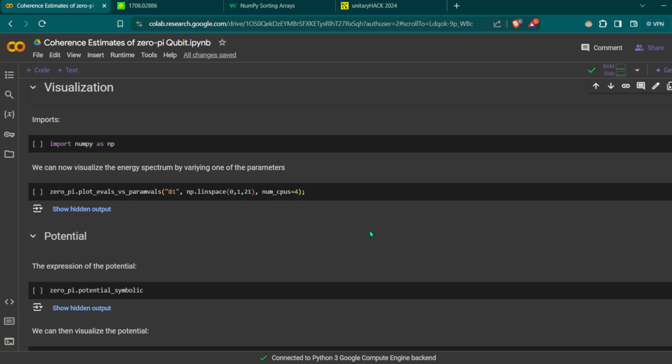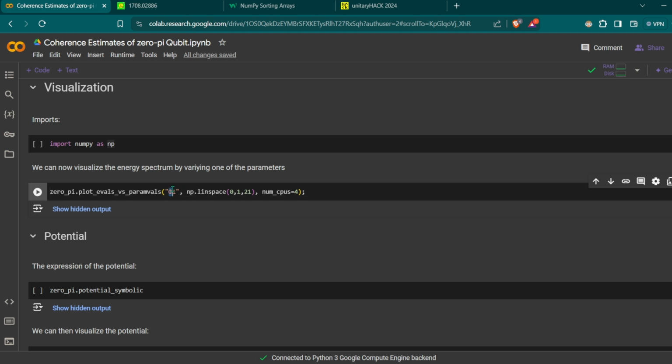Now let's visualize all the values which are going to be mentioned here. It is recommended that you import numpy as np, because I have used the np name for all the numpy parameters I have used in the circuit. So I imported numpy as np, and then this call method is saying to plot the eigenvalues as per the parameter values for this range.